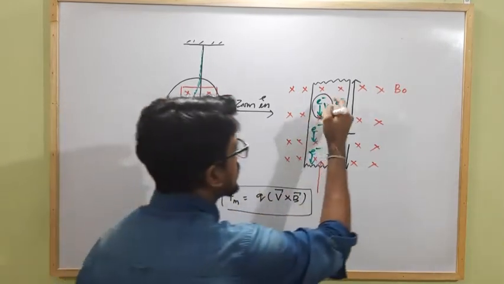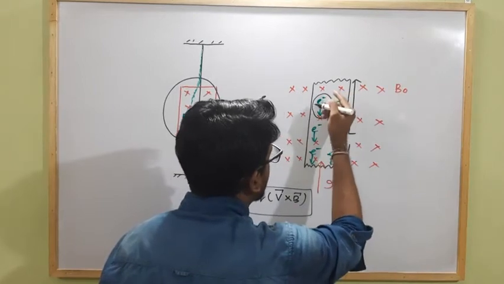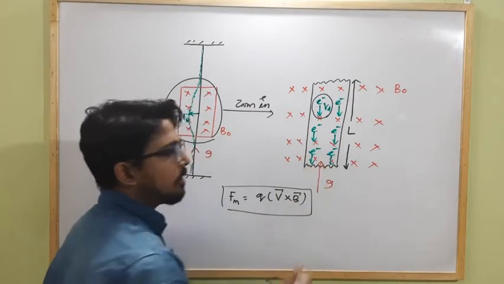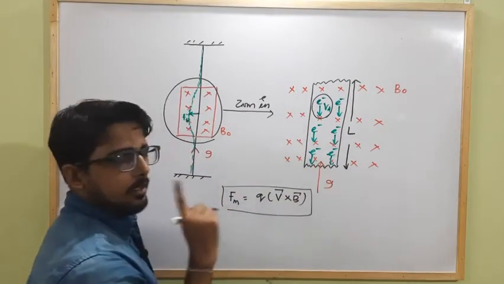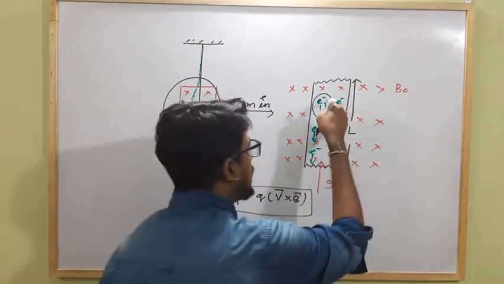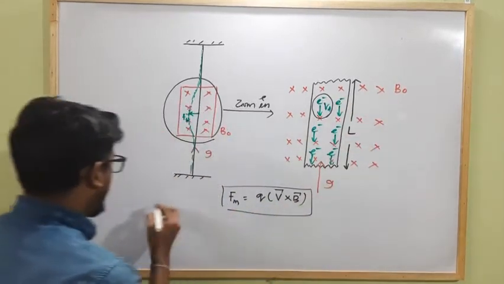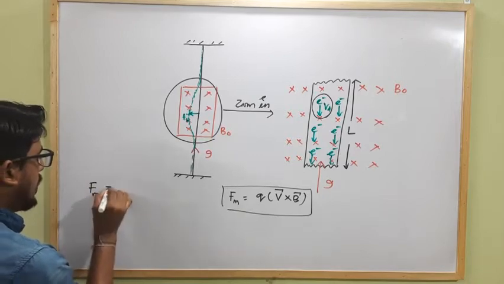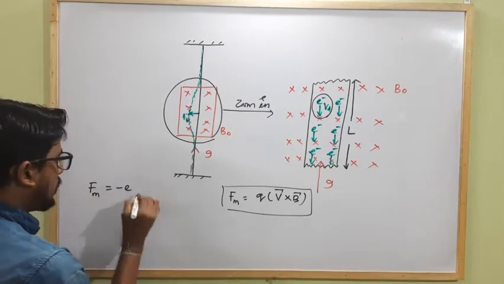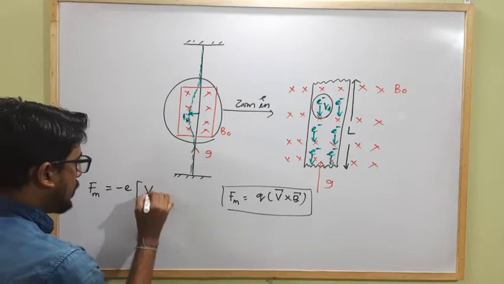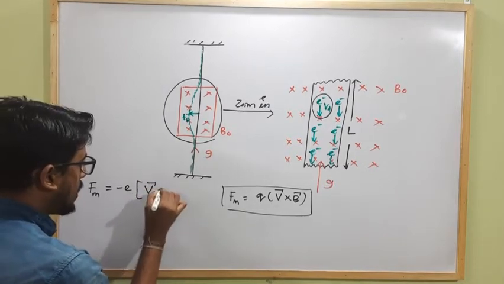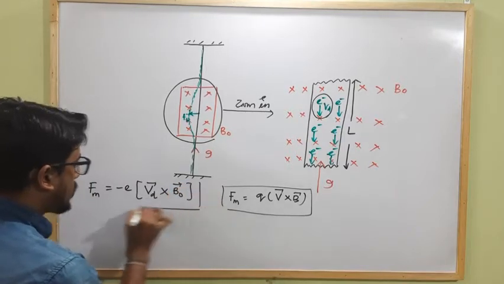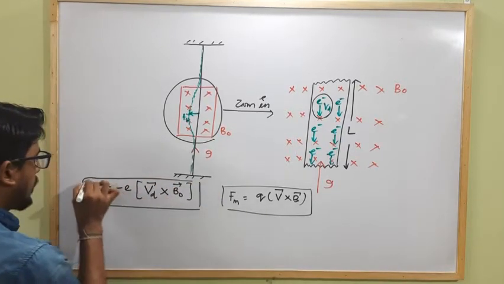So in this case, just consider a single electron which is moving with drift velocity in the opposite direction of that of current flowing in the current carrying conductor. So what will be the force acting on this single electron? We can write here the force acting on the single electron, Fm equal to the charge of the electron, minus e, into its velocity, which is the drift velocity Vd, cross the external magnetic field strength B0. Let it be equation 1. Clear?